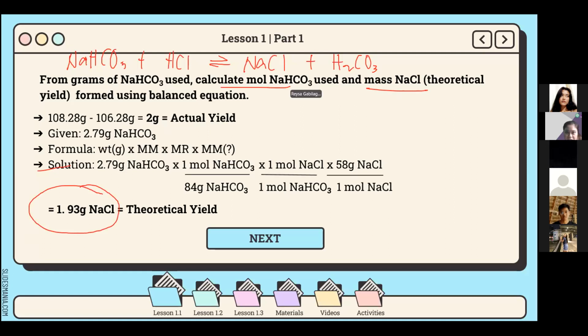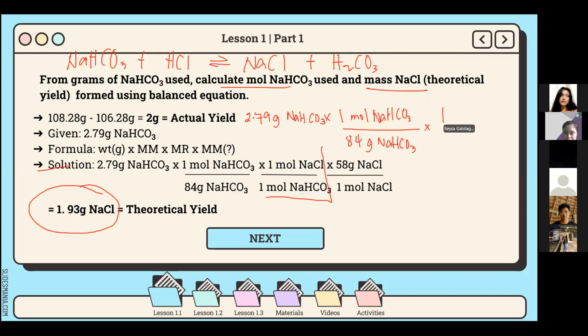NaCl. But it's lacking because again, you were also asked to compute the moles. So you should also have a computation like this: 1 mole of NaHCO3 divided by 84 grams. Sorry, I added that. Okay, 84 grams of sodium bicarb times, you should have a computation up to there. There is 1 mole of NaCl per 1 mole of sodium bicarb. Okay, cancel the grams and the moles of the sodium bicarb, and then again, you will be left with the moles of the NaCl.